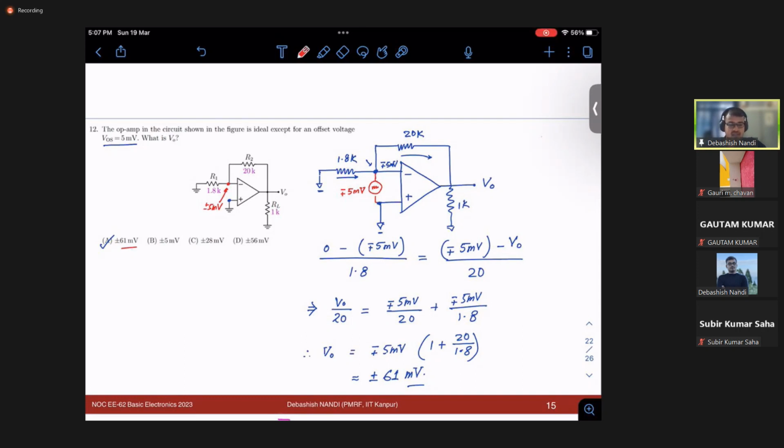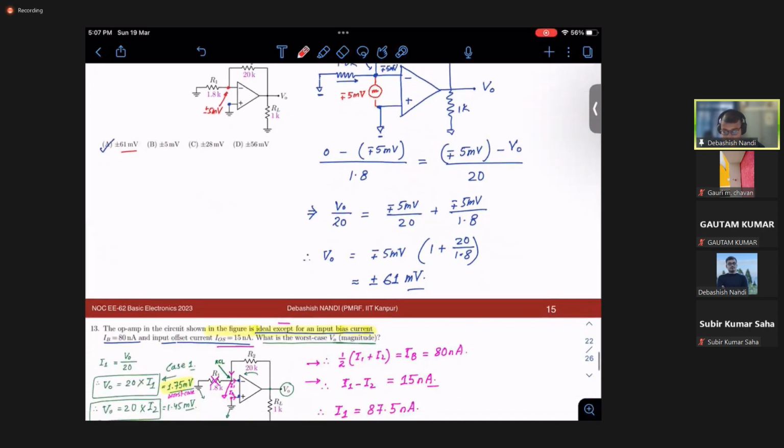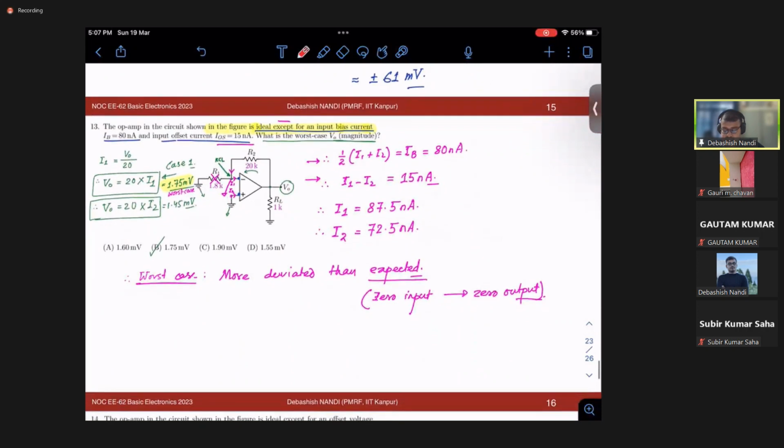Again, we have discussed the bias current. This bias current problem comes from the fact that the input is applied at the base of the BJT, right? At the base of the BJT, there will be some base current, which controls the operation of the BJT. That's why this phenomenon of offset bias current or input base current is there in BJT circuits, and it is almost not present in MOSFET-based circuits, because there the input is applied at the gate, and at the gate you have a silicon dioxide insulator, right?